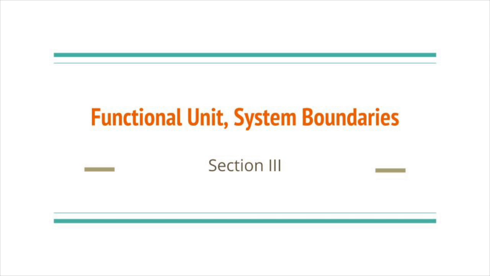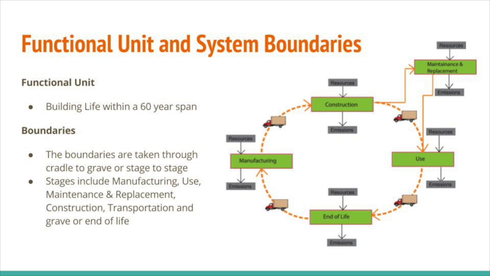Hi, I am Lynn. This is slide 7, section 3, functional units and system boundary. I will explain the functional unit and system boundary. Slide 8. The functional unit of the building is a lifespan of 60 years.